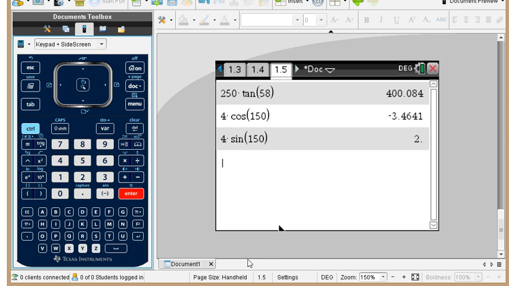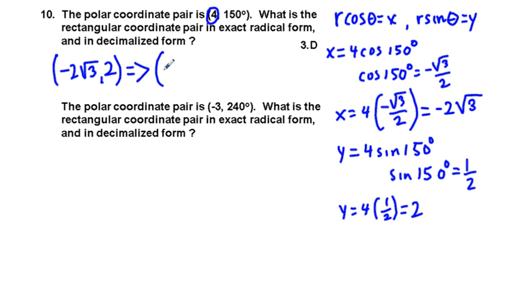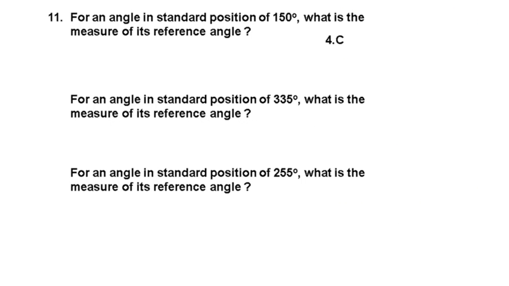So negative 3.46, comma, 2. This first pair is in exact radical form. This second pair is in decimalized form to the nearest hundredth place. Try the same thing using the equations x equals r cosine theta, y equals r sine theta, for this second polar coordinate pair to get some practice.